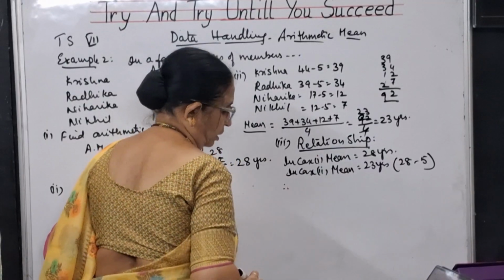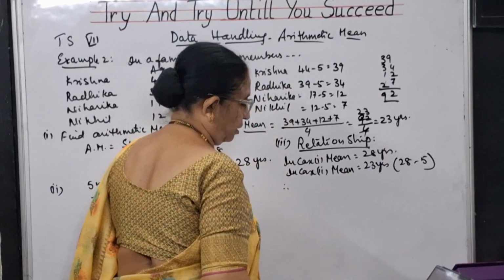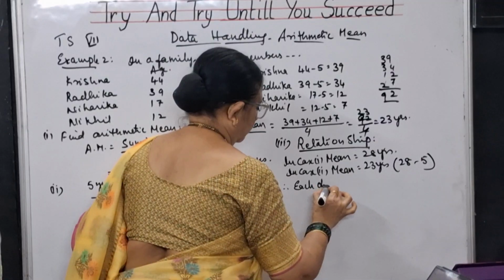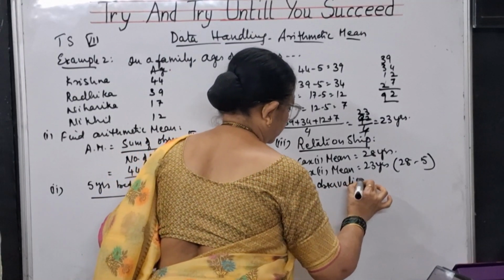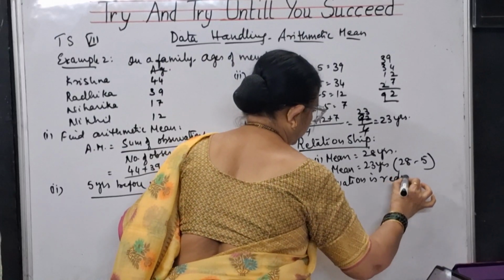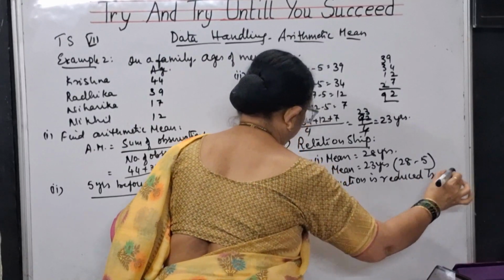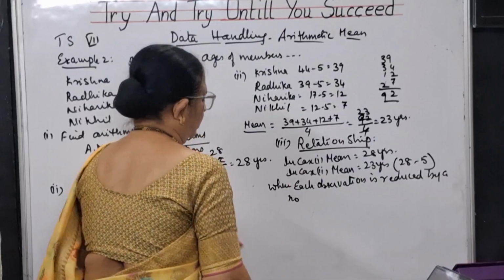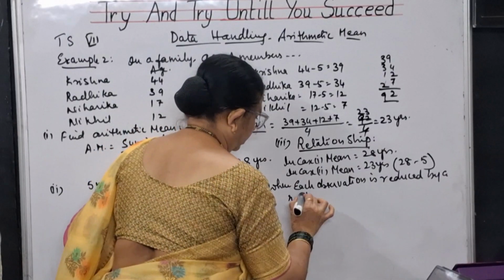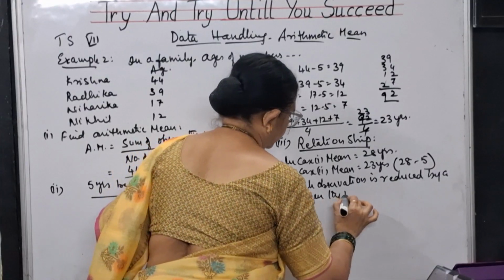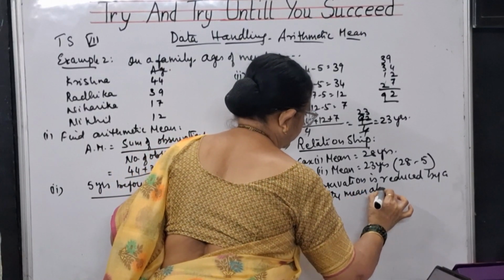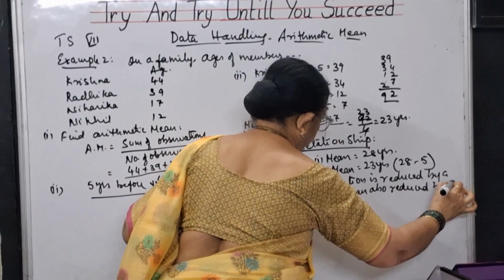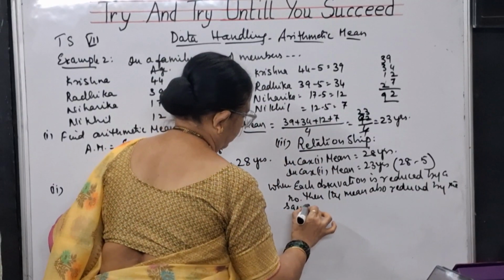So what is the relation? How can you say that? That means when each observation is reduced by a number, I should write here, when each observation is reduced by a number, then the mean also reduced by the same number.